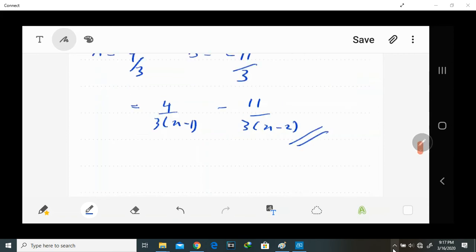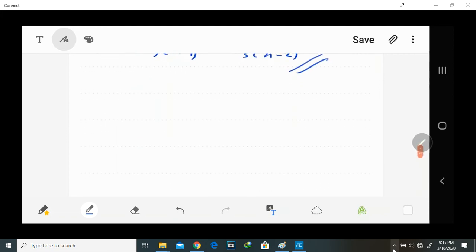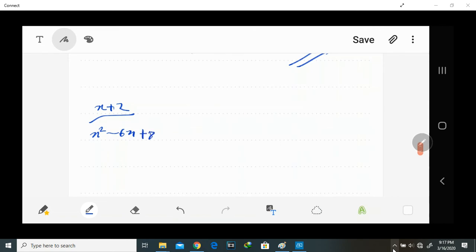That's it guys. And the other problem, x plus 2 divided by x squared minus 6x plus 8. You can write x squared minus 6x plus 8 as (x minus 2)(x minus 4).